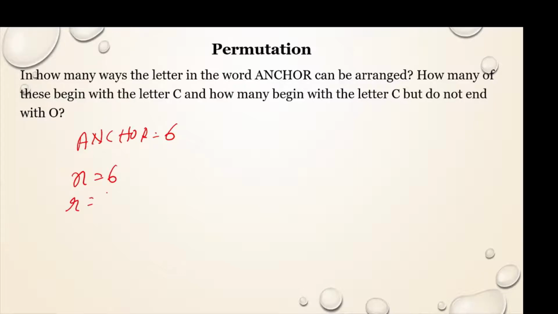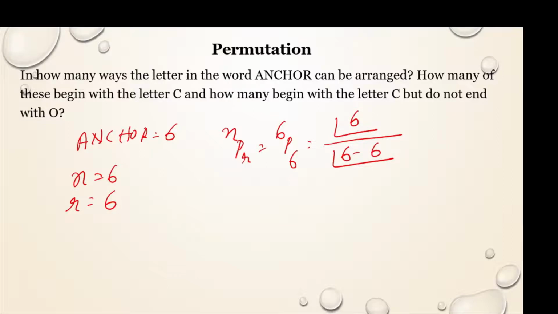They are not telling us to select a few letters, they are telling us to take all the letters, so r is also 6. So nPr, that is 6P6, and the formula becomes factorial 6 divided by factorial 6 minus 6.